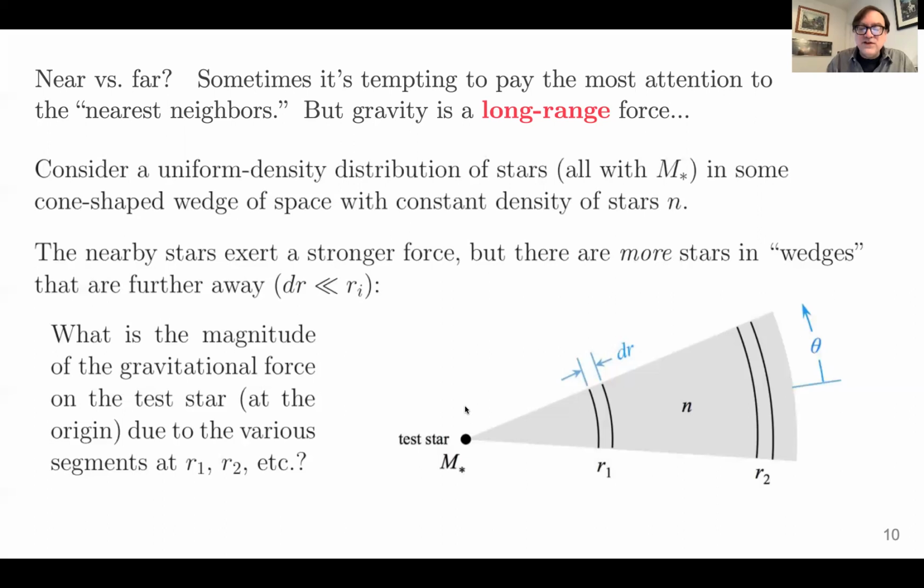So let's write everything out in detail. Again, you might have seen this argument before, and it's probably not surprising what will happen. But let's figure out the force on the test star from all the stars in each wedge, and let's allow this radius to be arbitrary, something you can move back and forth.